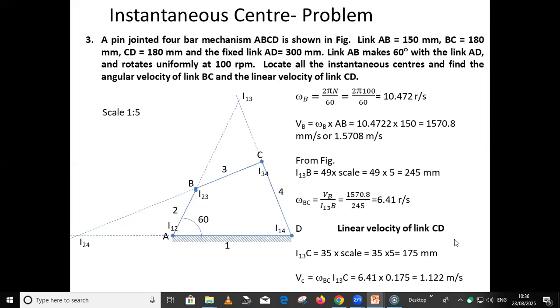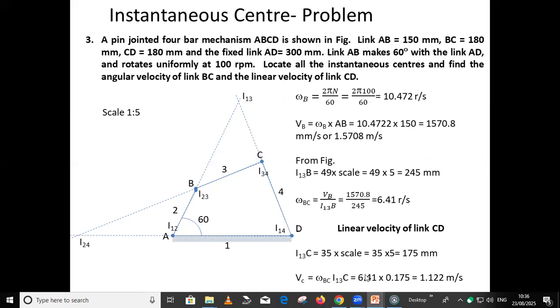Similarly, for the linear velocity of C, we can determine I1,3 C, the location of I1,3 with respect to C. And VC is r into omega BC; we have omega BC as 6.41 radian per second, into the I1,3 C distance, that is the r distance we can determine. Based on this, we can calculate the velocity of point C, which is around 1.12 meter per second.